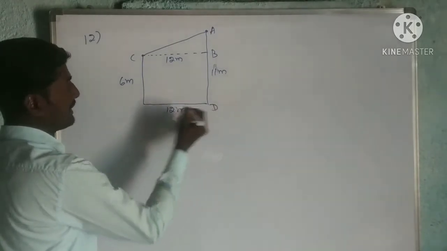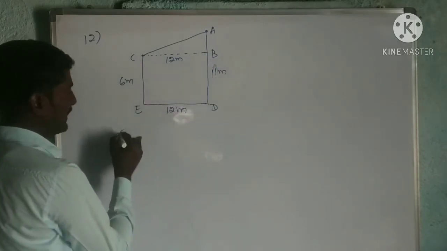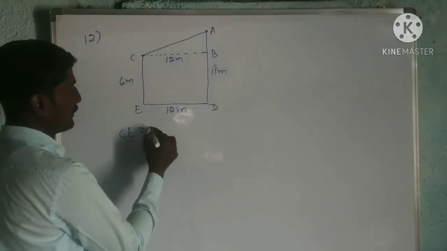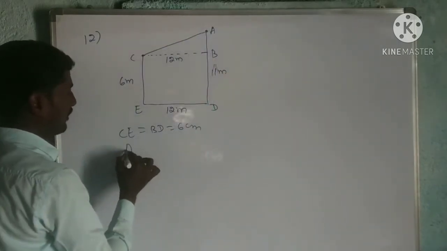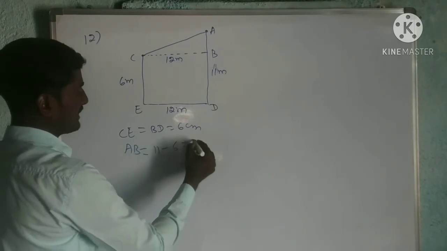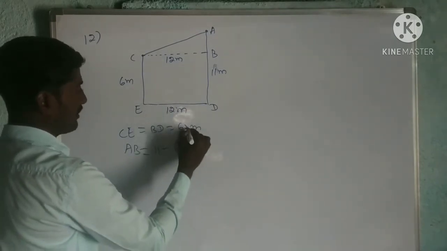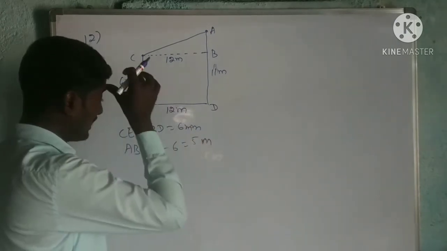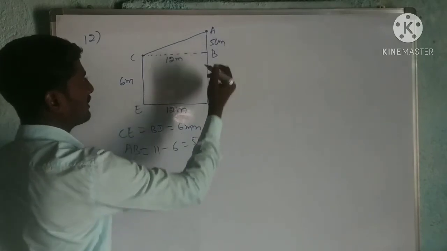This I'll take as E. Now C is equal to BD. That is 6 meter. But I want AB now. AB is equal to 11 minus 6. That is 5 centimeter, not centimeter, it is in meter. 5 meter it is. AB will be 5 meter. So this is 5 meter.